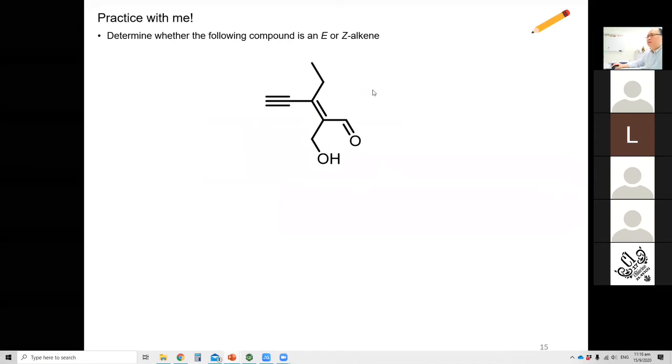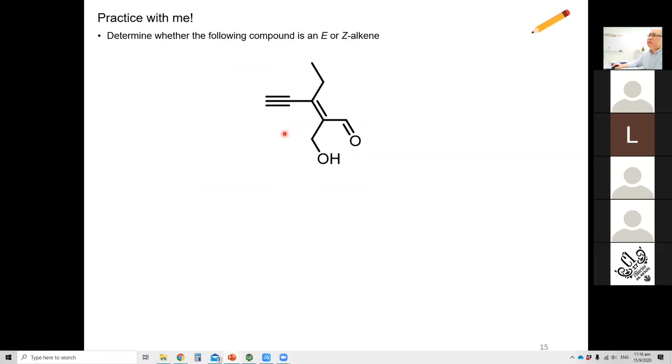I don't even write it down. Just follow me. I asked you to assign the E or Z of this double bond. You consider each carbon separately, with a separator here. For this carbon, you have two carbons. They are both carbon, but this carbon is substituted with three carbons because it's a triple bond, while this other carbon is carbon HH, so this is higher. Remember that.